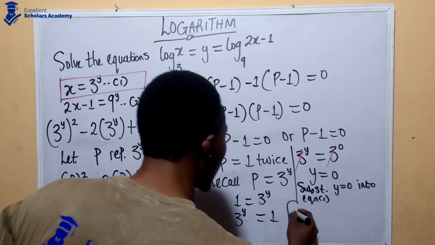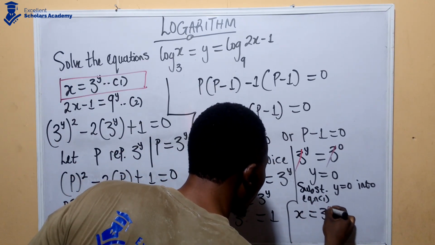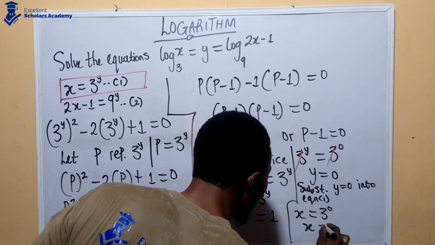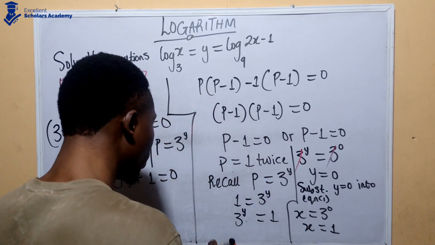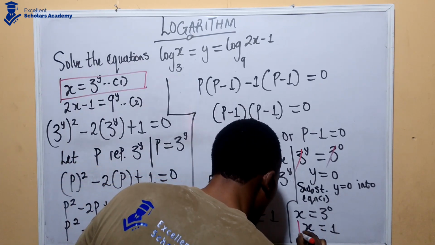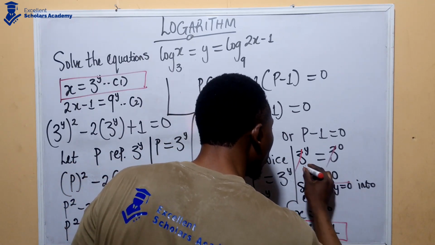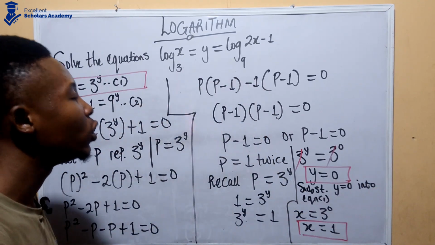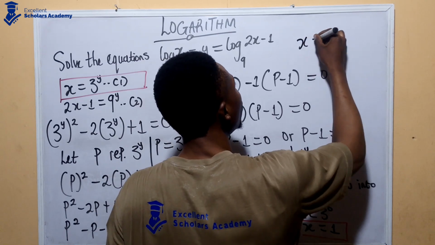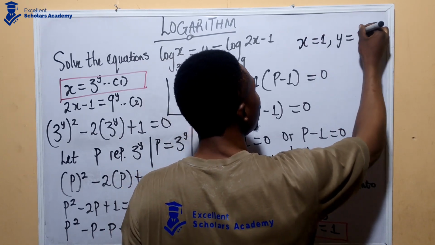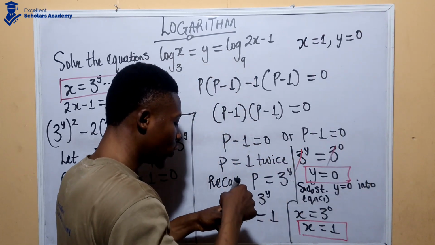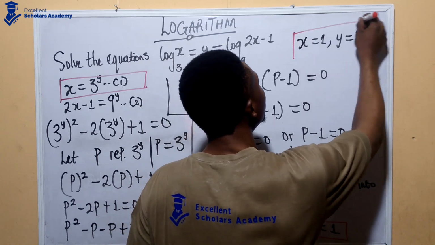You're going to have x is equal to 3 to the power of 0, and anything to the power of 0 is 1. So x is equal to 1. The value of x is 1 and the value of y is 0. So if you solve this equation, you're going to have x is equal to 1 and y is equal to 0. This is the final solution to this question.